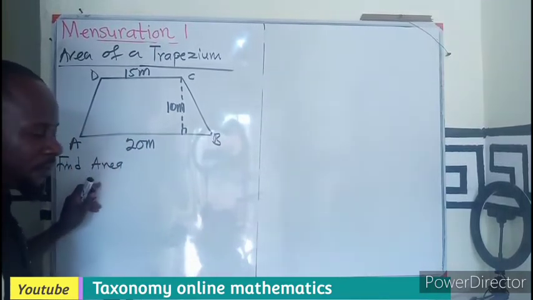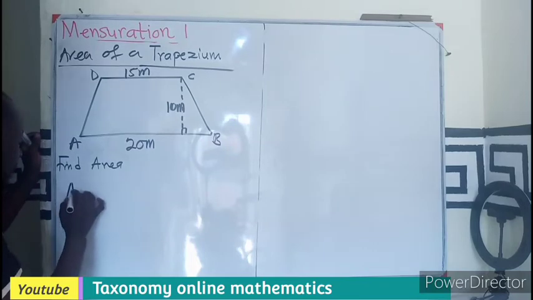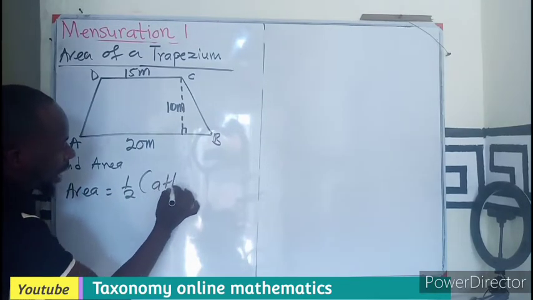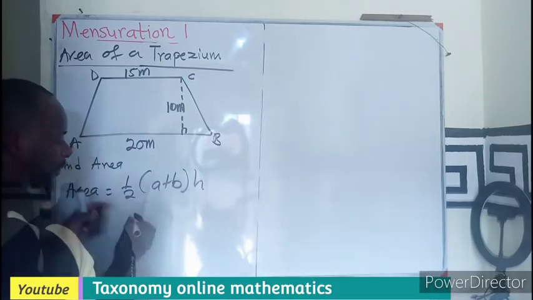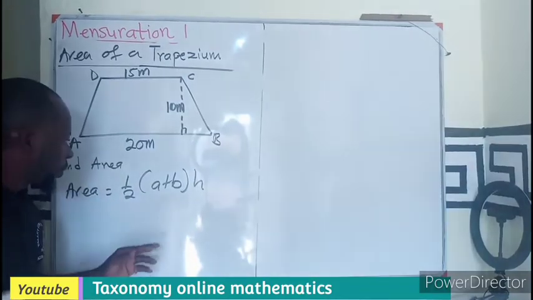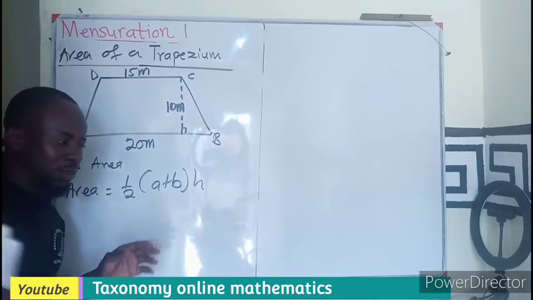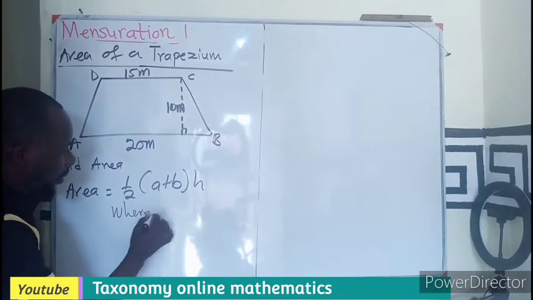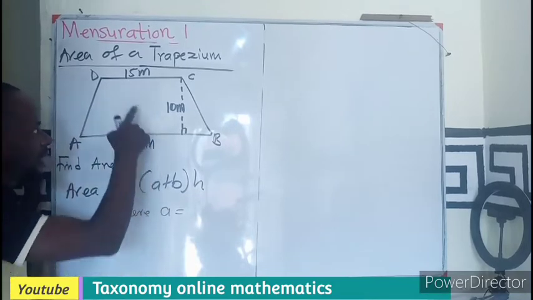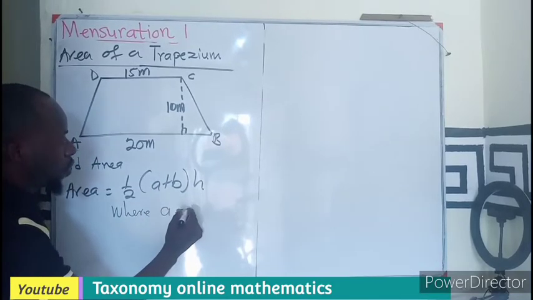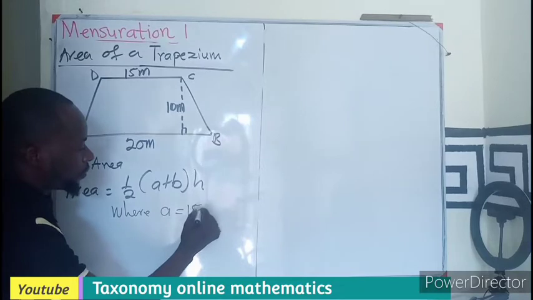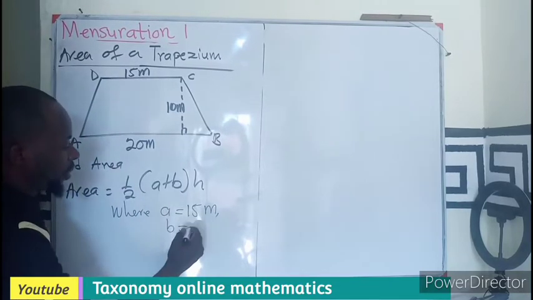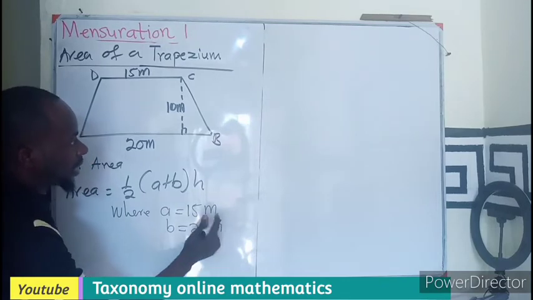So by quoting the formula, we have area equals half (A plus B) h. In this case, our A, which is the upper base, is equal to 15 meters. Our lower base is going to be 20 meters.